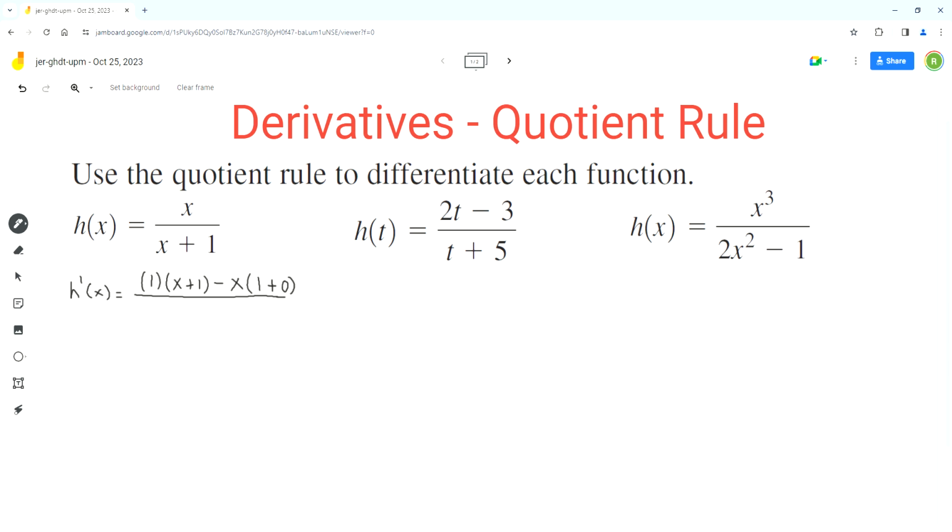So 1 is a constant, so that's why the derivative of 1 is 0, over the square of the denominator, so (x plus 1) squared.